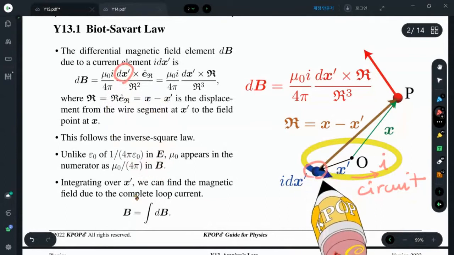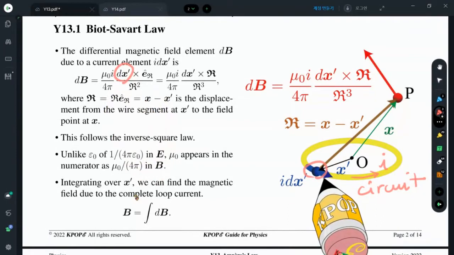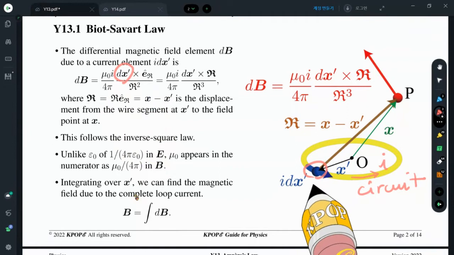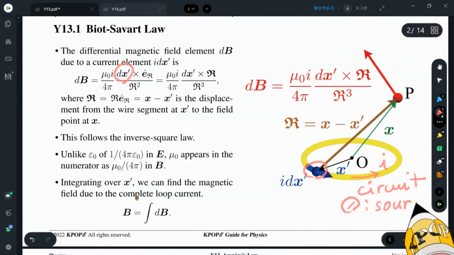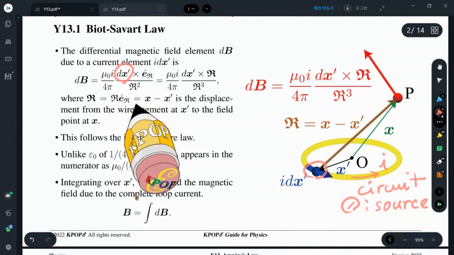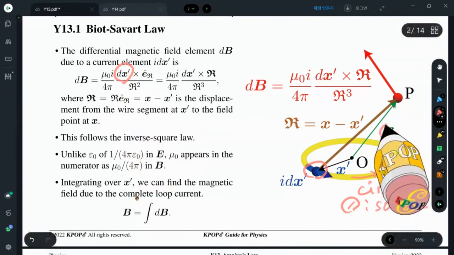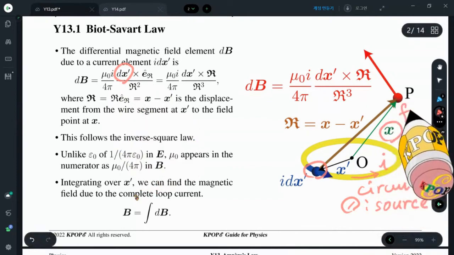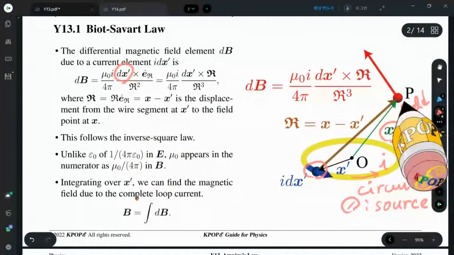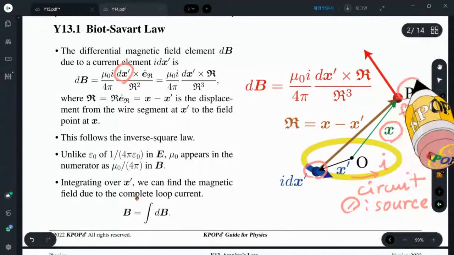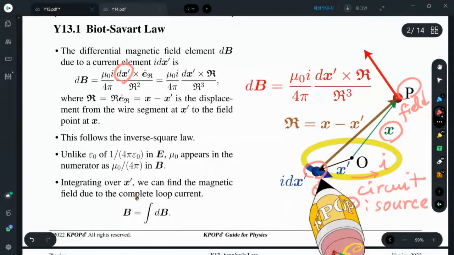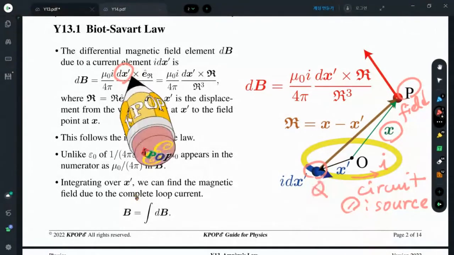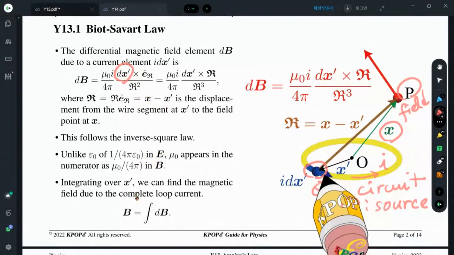This is the infinitesimal line segment of the circuit, and I use the prime for the source and the unprimed one for the field. We measure the field at point P, and point Q is the point at which a current element is distributed.